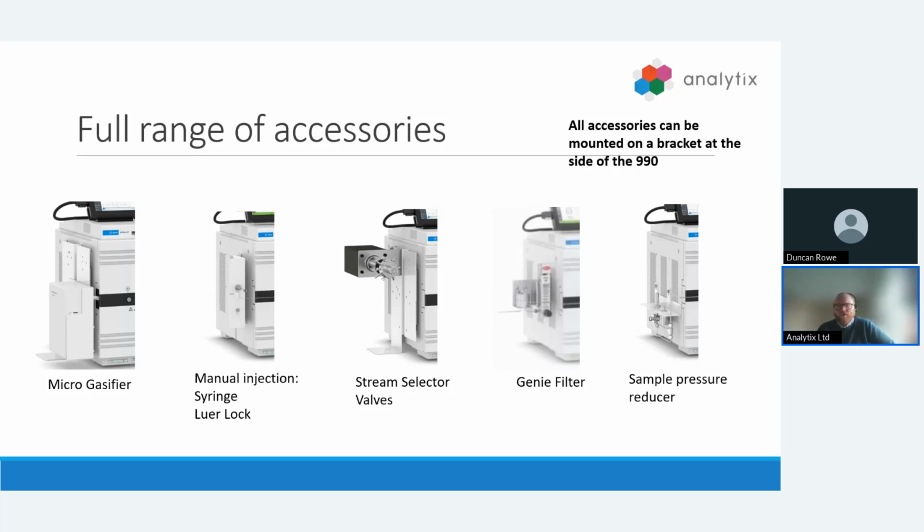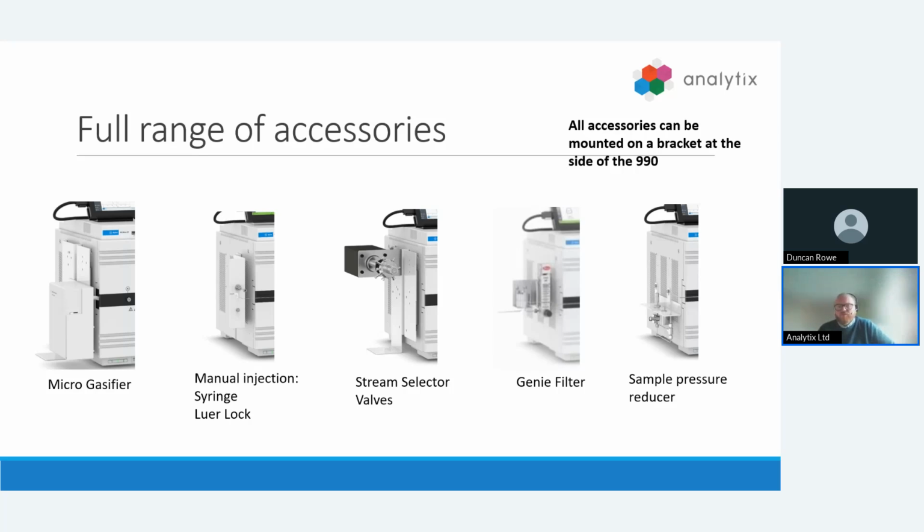The microgasifier controls liquid petroleum gas and liquefied natural gas sample evaporation before introduction into the GC injector. This also allows high pressure samples to be reduced without creating cold spots and preventing sample discrimination. The manual injector, syringe injection, allows you to inject gas samples via an optional inlet on the front of the Micro GC, but you can also introduce the sample through a septum cap or by using a Luer lock connection.